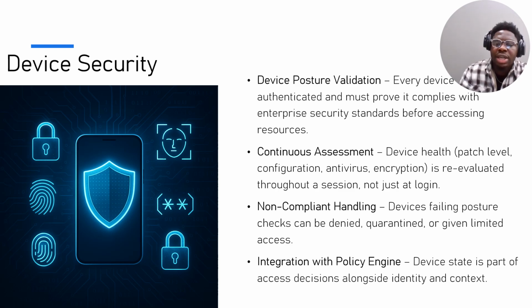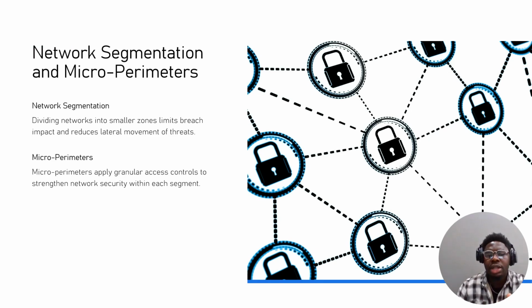Integration with policy engine. Network segmentation and microperimeter is basically dividing the network into smaller zones to limit breach impact and reduce lateral movement of threats.